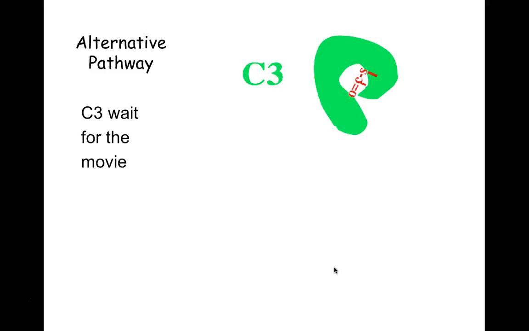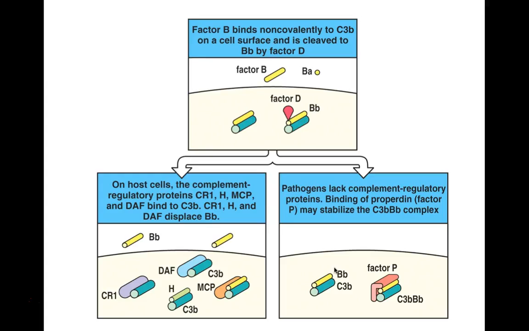And that's the C3 convertase for the alternative pathway: the C3bBb deposited on the bacterial cell surface.